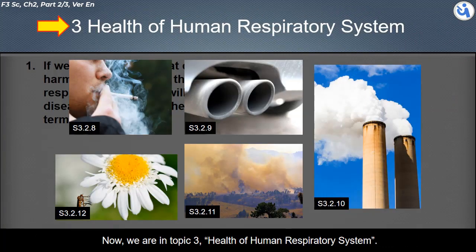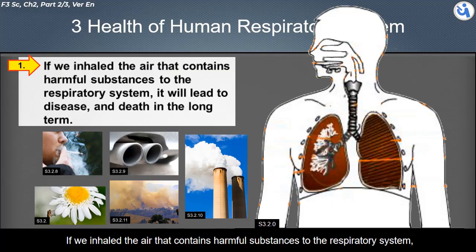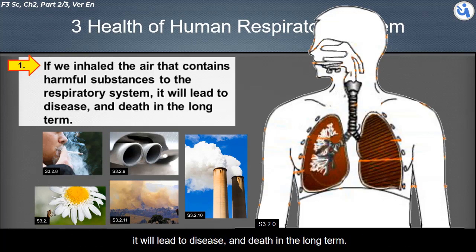Now, we are in topic 3, health of the human respiratory system. If we inhale air that contains harmful substances to the respiratory system, it will lead to disease and death in the long term.